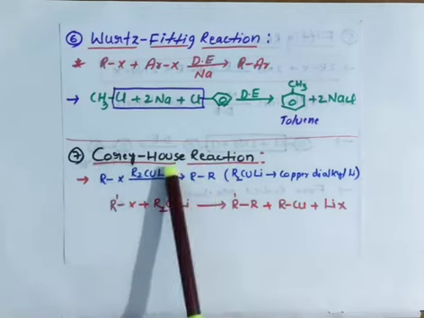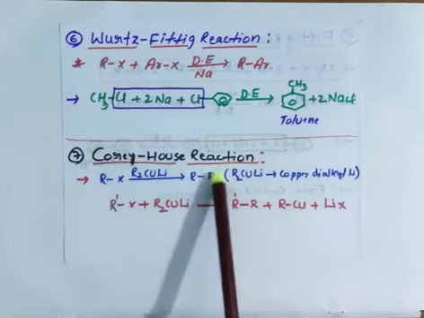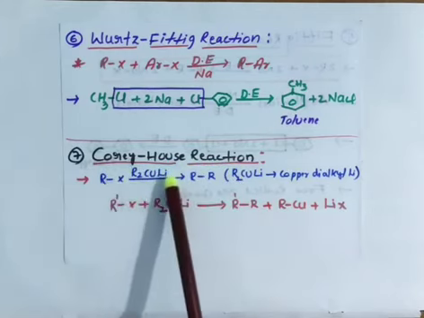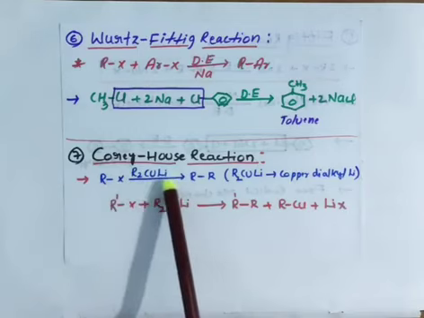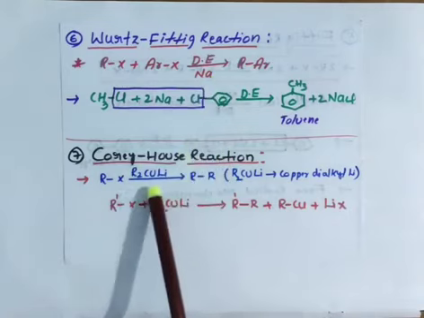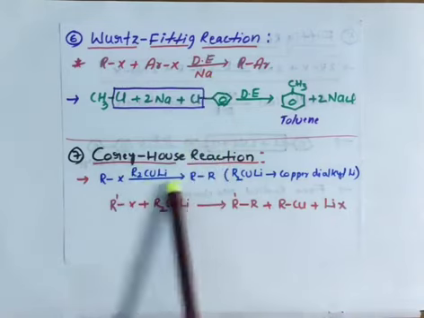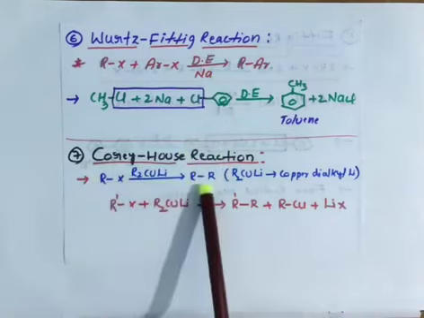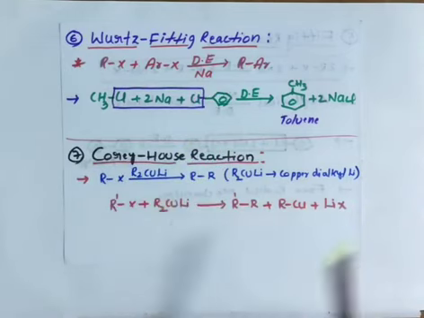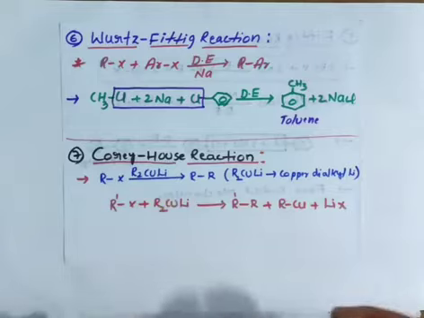So in Corey-House reaction also we are preparing alkane, but the condition is the presence of copper dialkyl lithium. Here we are taking sodium and here we are taking copper dialkyl lithium with alkyl halide, and you are getting alkanes. This is Corey-House reaction. So we have completed nearly 7.